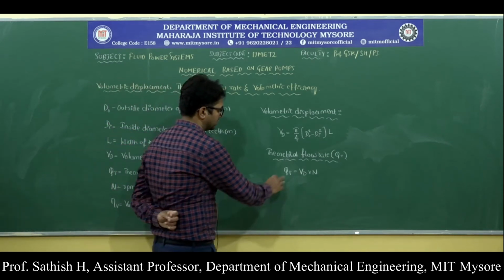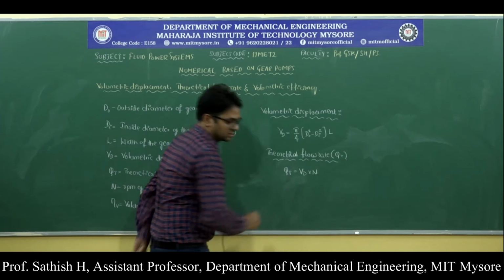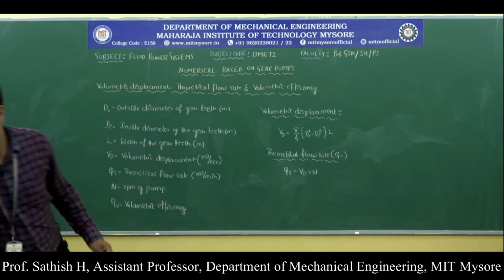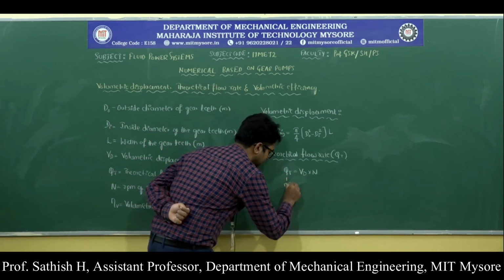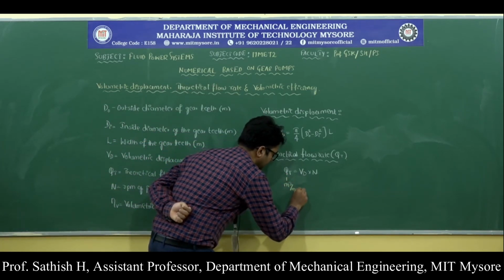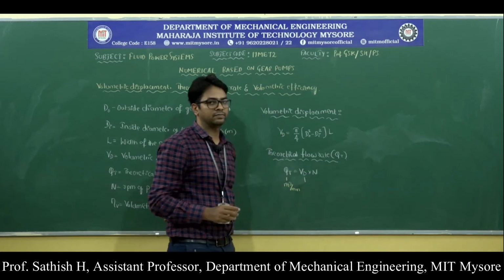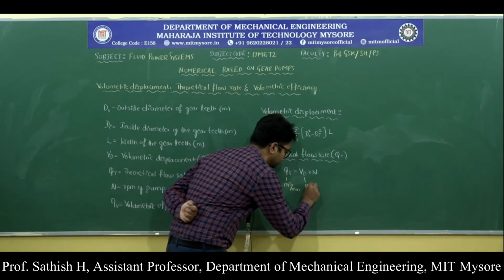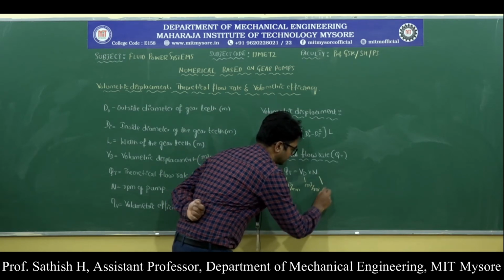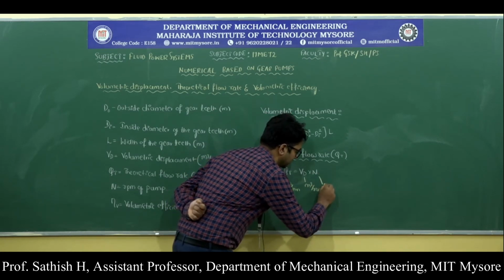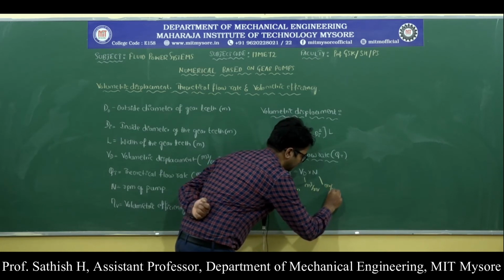If you look at the units, Qt is expressed in terms of meter cube per minute, and this Vd is expressed in terms of meter cube per revolution. We know that the speed is expressed in terms of revolutions per minute.